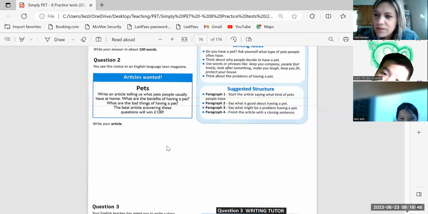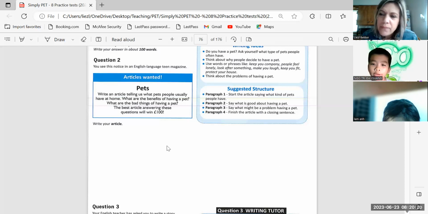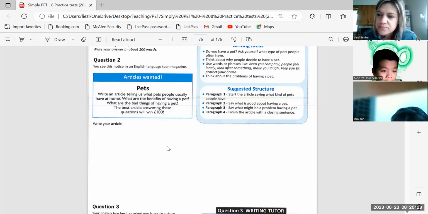What is the good thing about having a pet? There are a lot of good things for having a pet. Some pets will teach children of all ages to take care of people and to be kind.